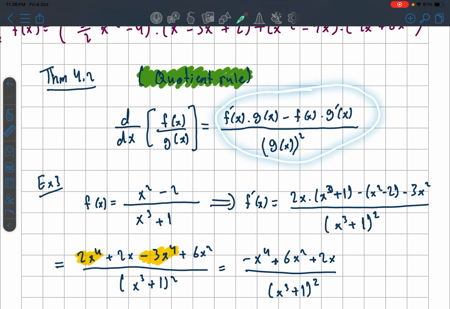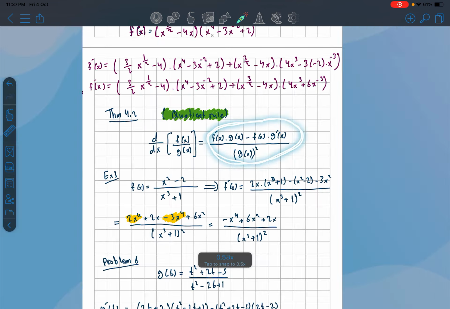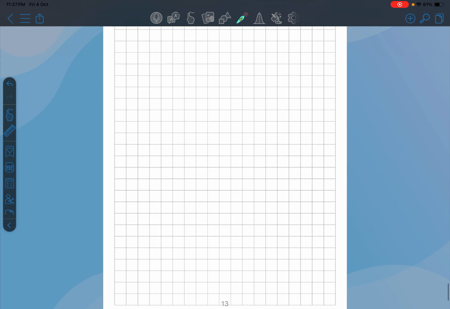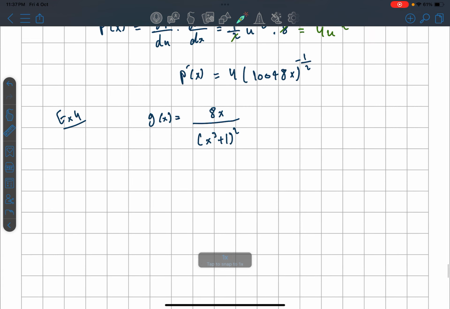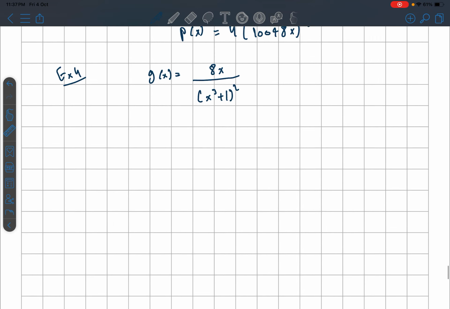So in example 4 we can use the quotient rule.